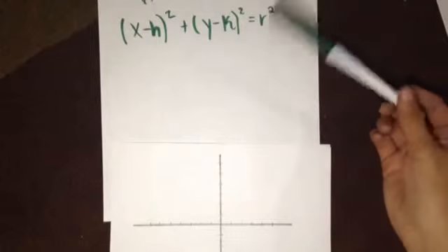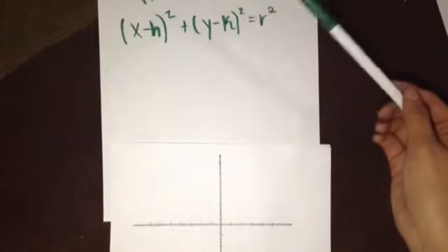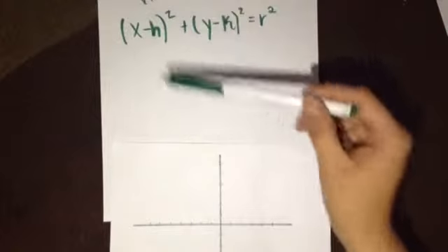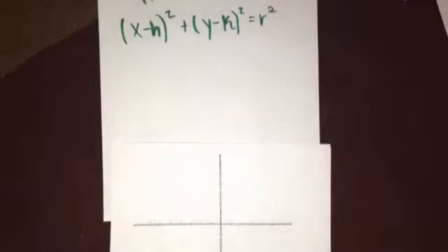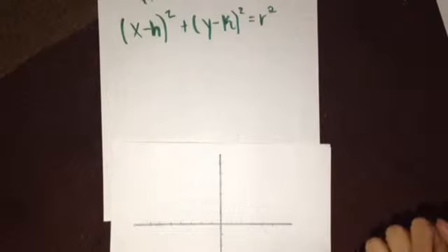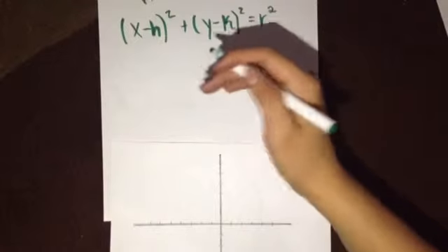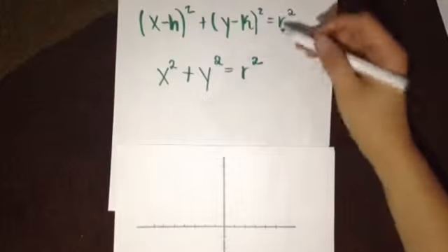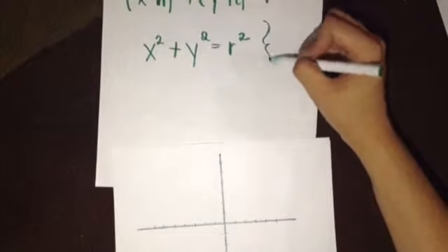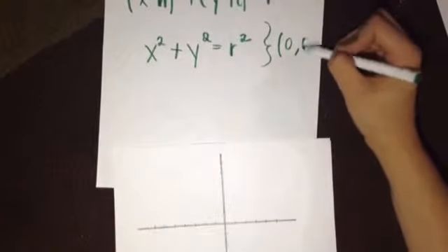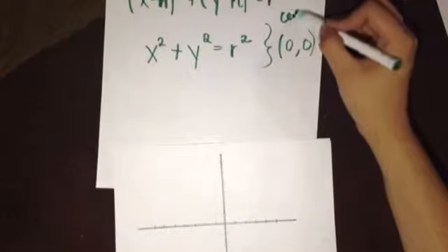So this is the standard form of an equation of a circle with center (h, k), which are right here. Now we're going to see the equation of a circle with center (0, 0), or the origin. And this is only if this is the center.